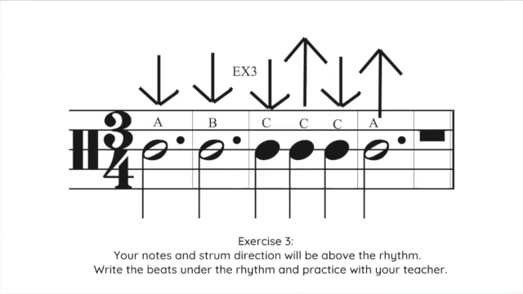This A is 1st string, 5th fret. 1, 2, 3, followed by B, which is 2nd string open. 1, 2, 3, then followed by C, 2nd string, 1st fret. So C, C, C, back to A. The whole thing sounds like down, 2, 3, down, 2, 3, down, up, 2, 3, rest, 2, 3.